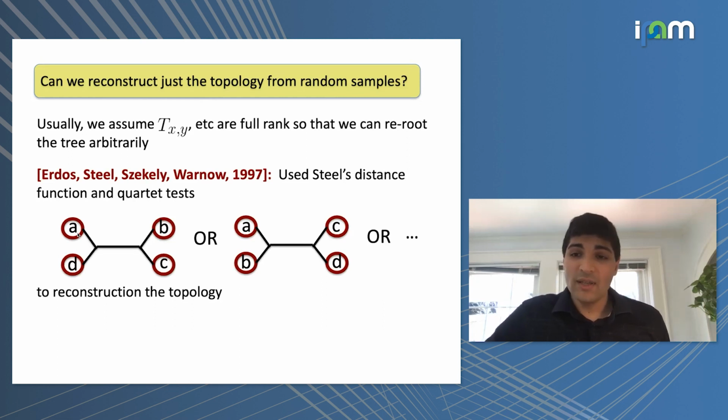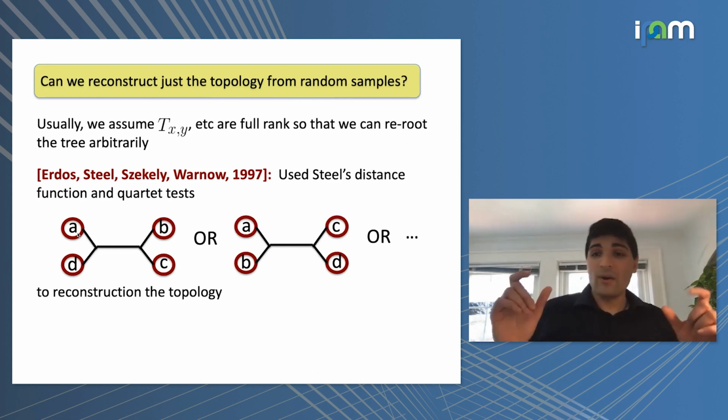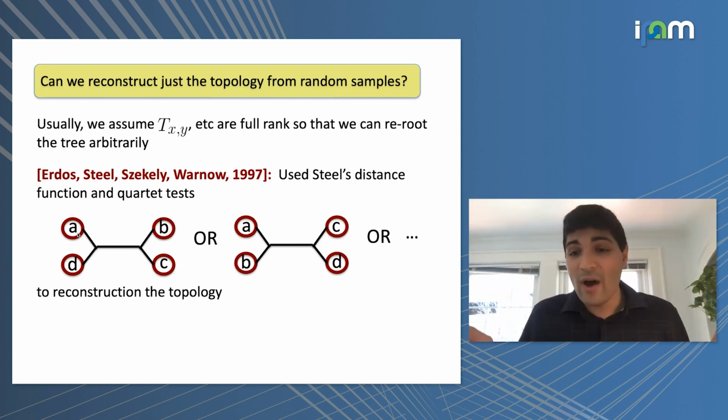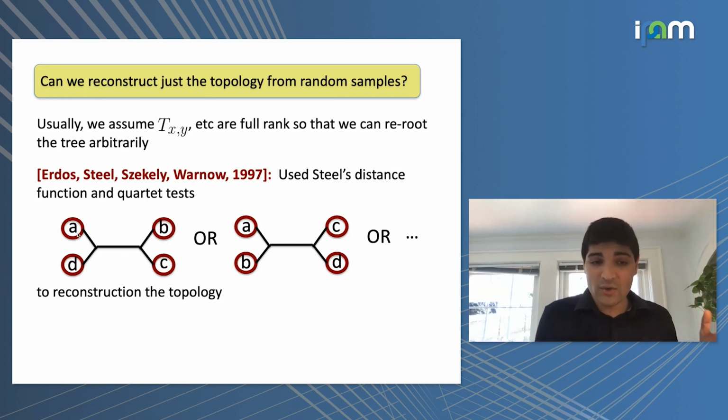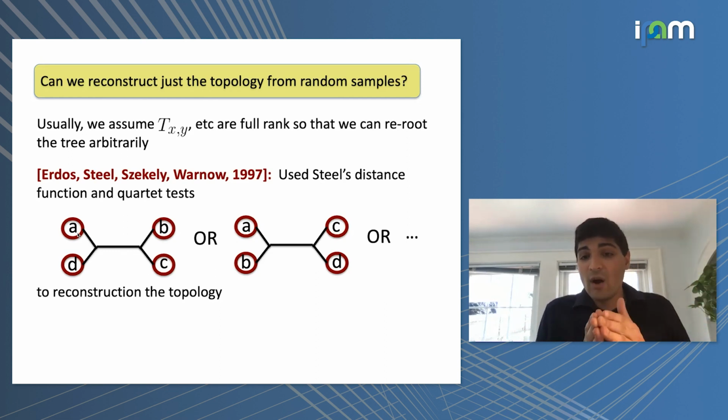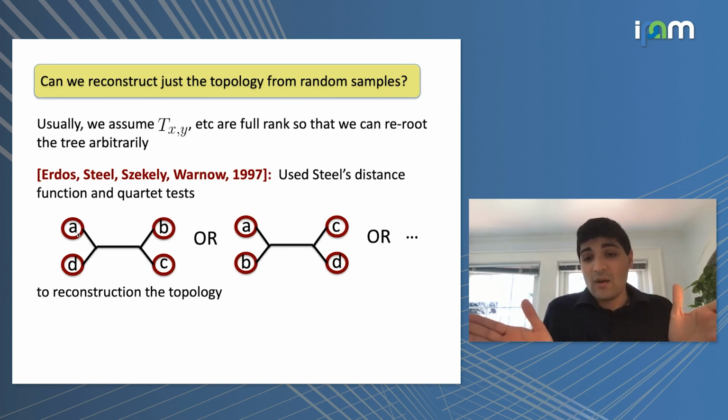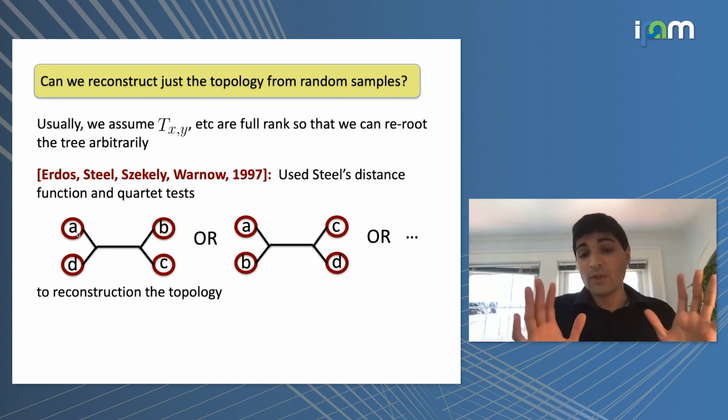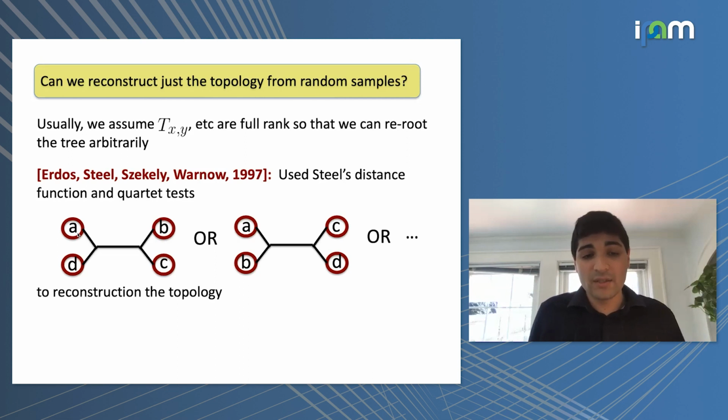And then imagine that you have four different extant leaves, so you have these four different nodes, A, B, C, and D. If you think about how you connect them with paths to each other in the tree, there are a few different induced topologies that you can have. Because it could look like, when I trace back the path between A and D, they merge first, and then they go on to B and C where they split. Or it could happen that A and B merge first, and there's one other possibility too.